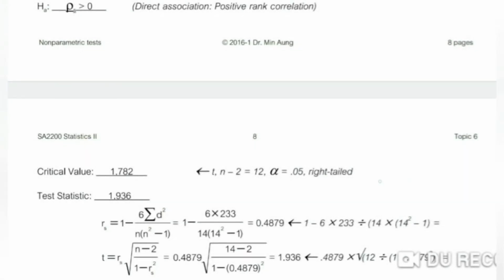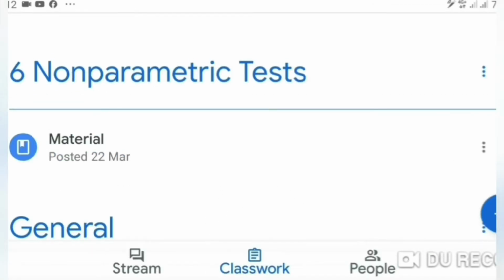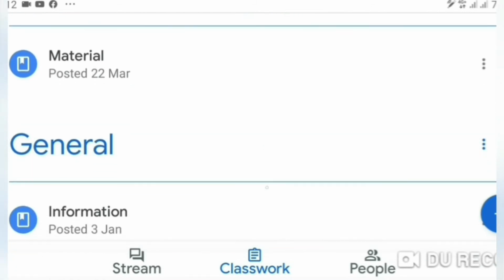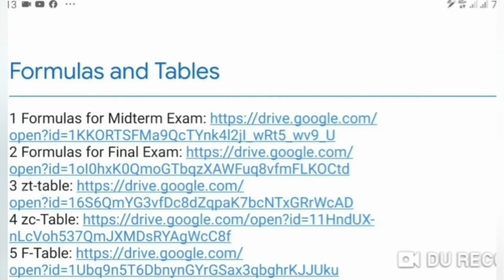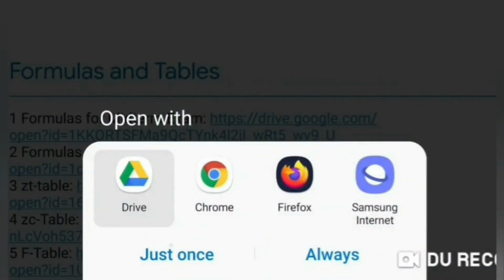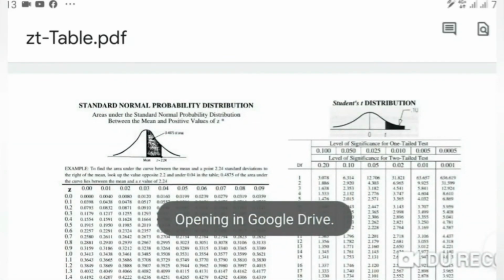Let's go backward. Okay, general formulas and tables, press. Then 1, 2, 3, the t table, press the link. Okay, the t table.